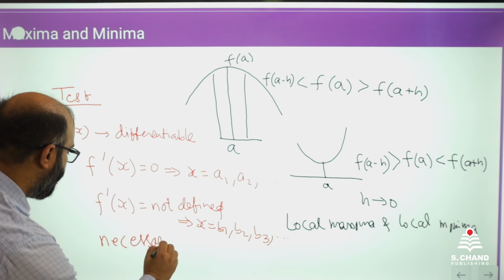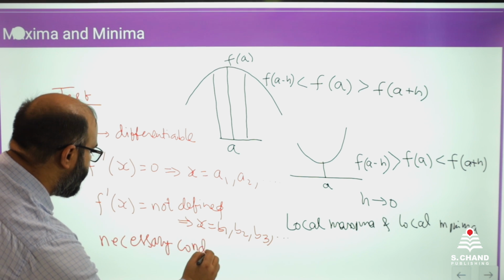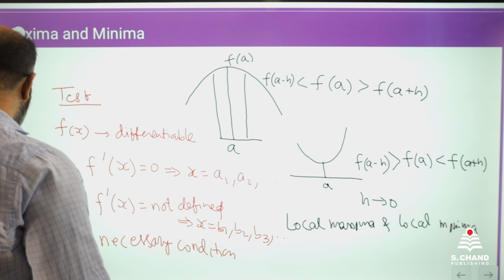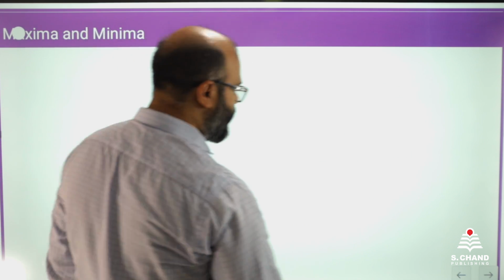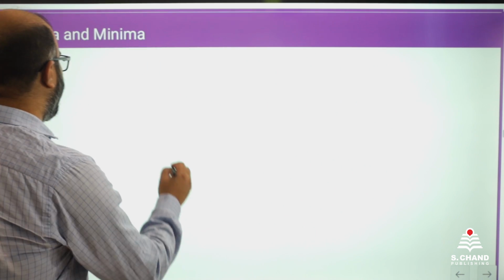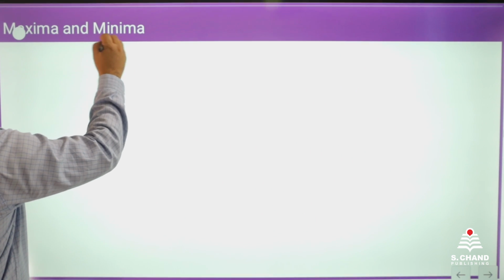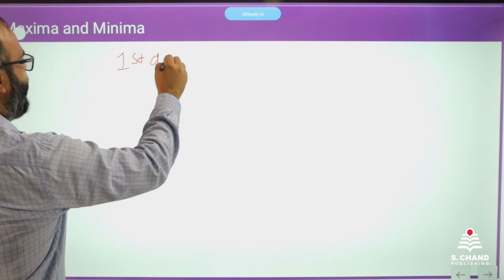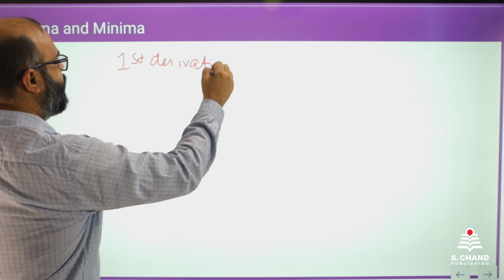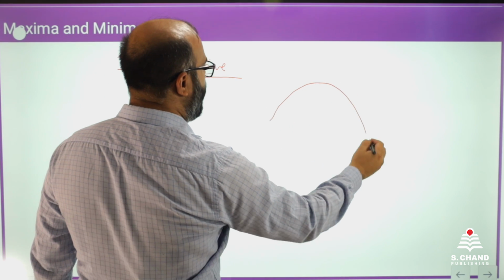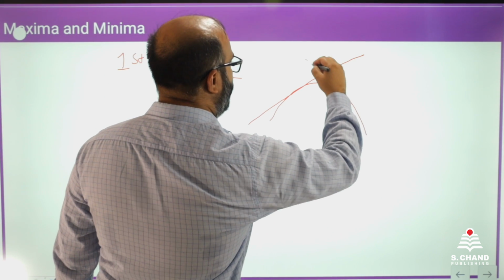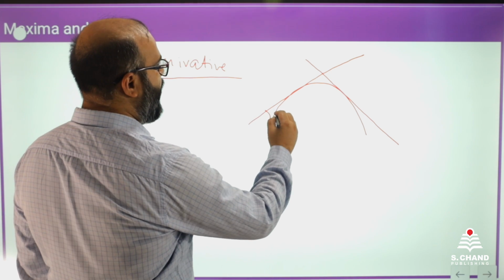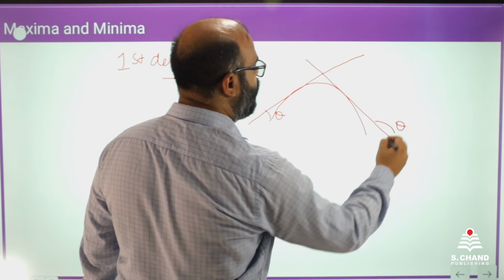Now if you want to find whether it is a maxima or a minima, how do you find it? We have two tests. One is the first derivative test. By the first derivative test, we will find the sign of the first derivative. You can observe that for a maxima, the derivative is changing sign from positive to negative, as the acute angle changes to the obtuse angle.